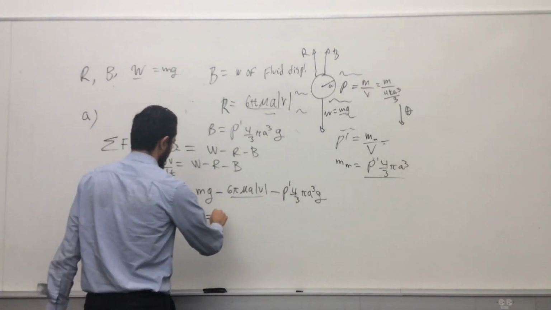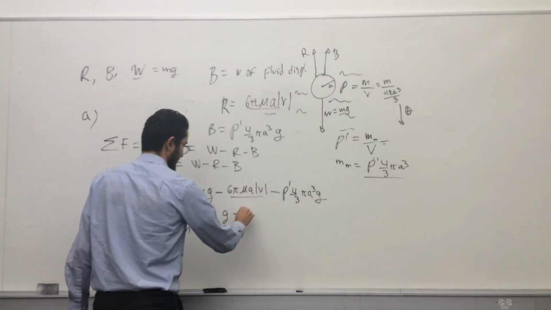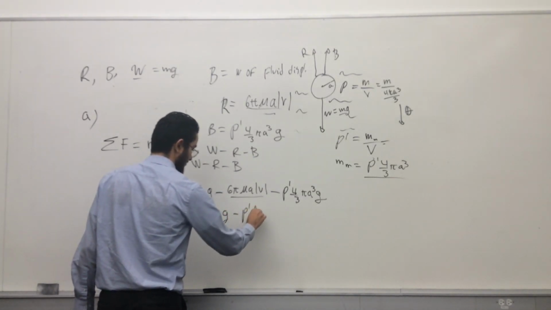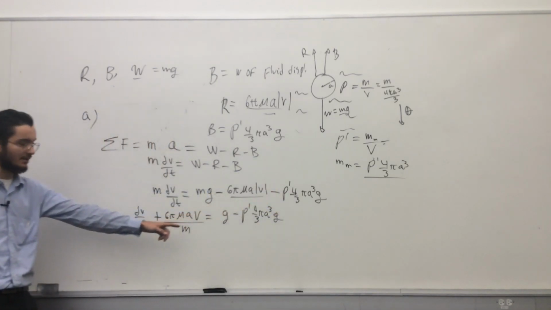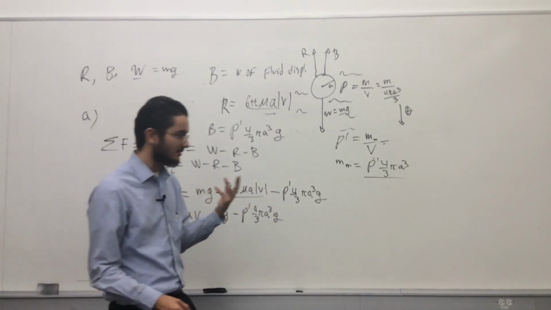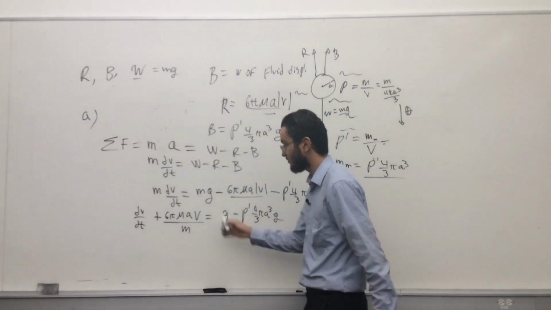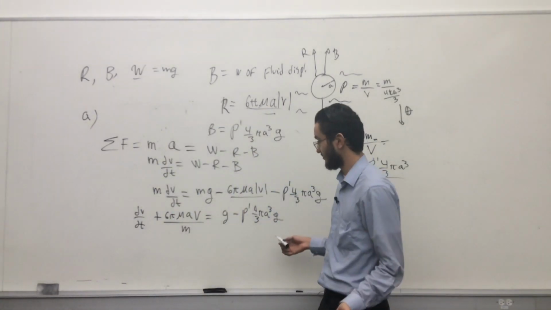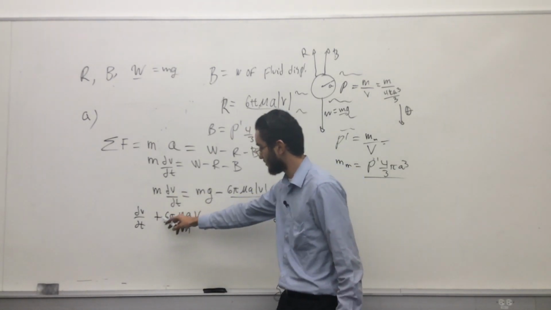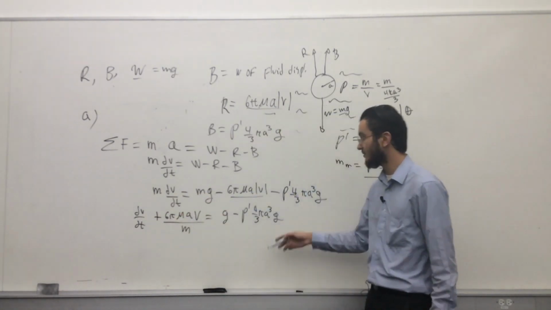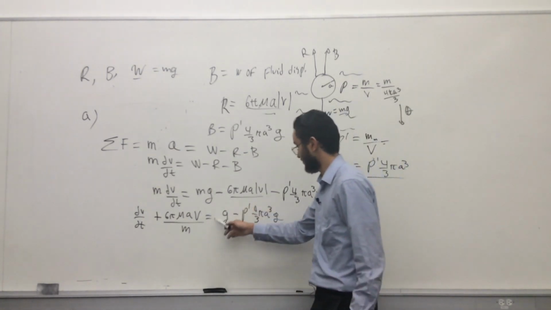All of that is going to be equal to g minus rho prime times 4/3 pi a cubed multiplied by the acceleration of gravity. Now, this is a standard form differential equation, and we can use the method of integrating factors, right? Because look at this. We got v prime plus some constant times v equals some constant.